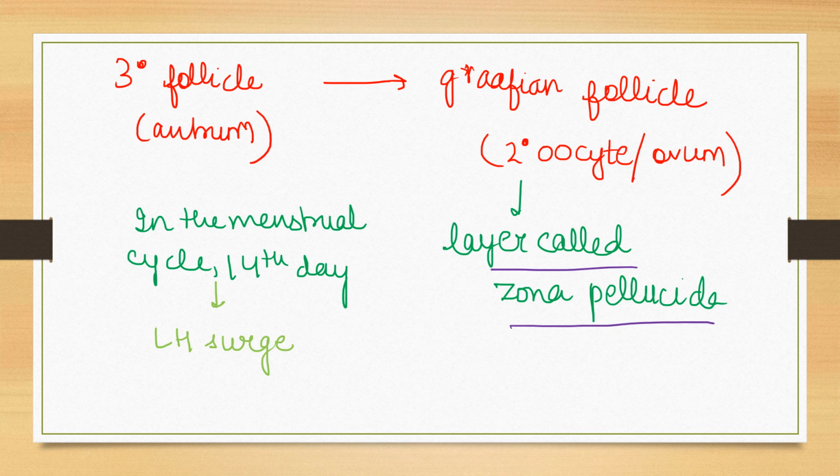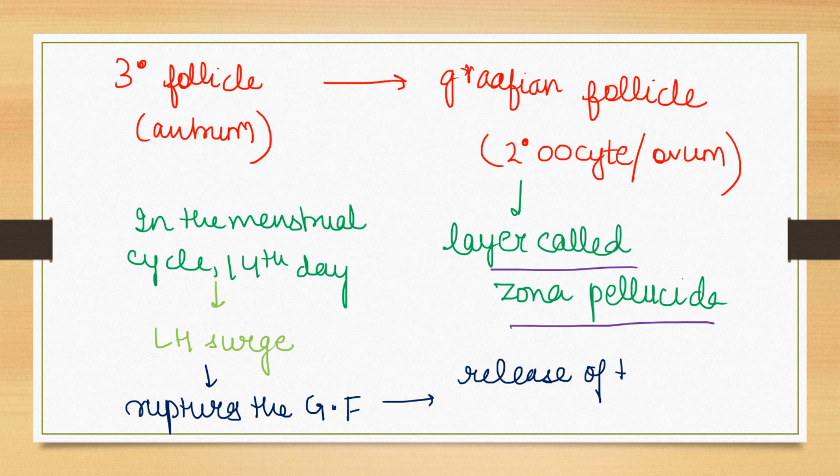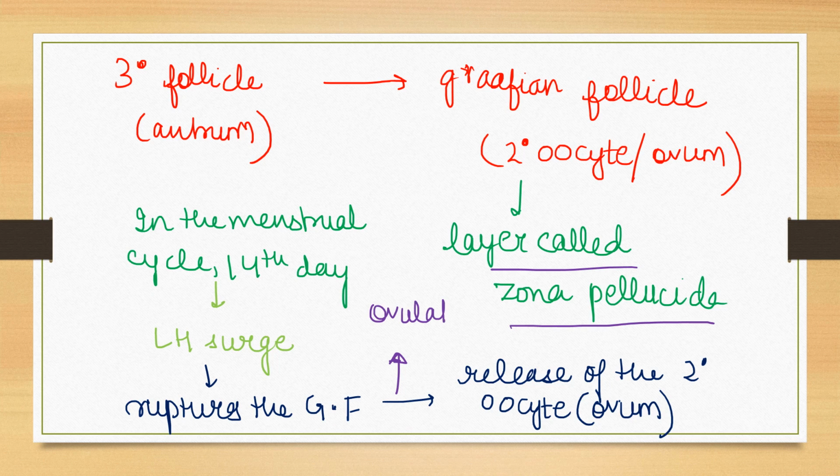It is the surge of the luteinizing hormone which ruptures the Graafian follicle और इस Graafian follicle के rupture से होता है release of the secondary oocyte, what we call ovum in common terms, and this process, this rupturing and release of the secondary oocyte, is known as ovulation.